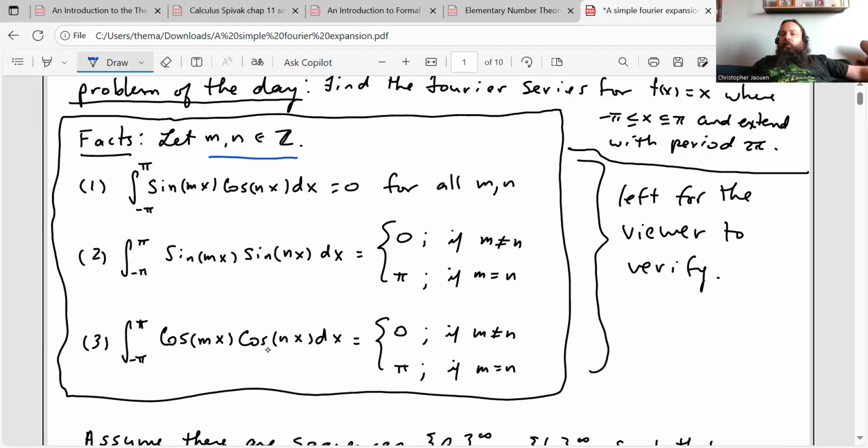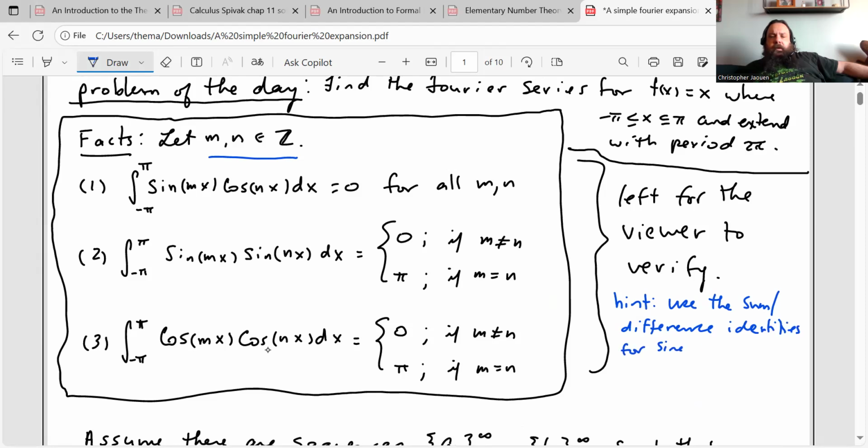So, like I said, you can prove these easily on your own if you know how to do integrals. I'll give you a hint here in case you want to try to prove these yourself. You can use the sum and difference identities for sine and cosine, or if you don't want to do that, you can just use integration by parts.